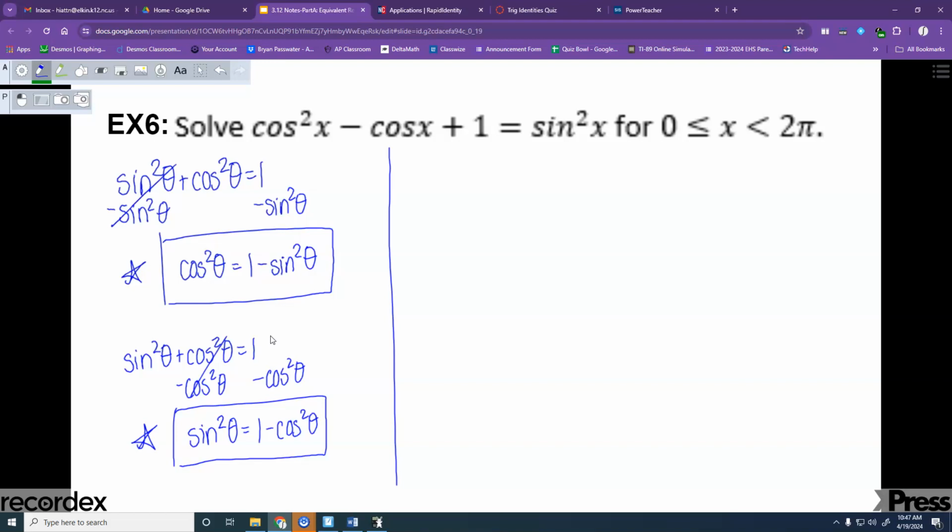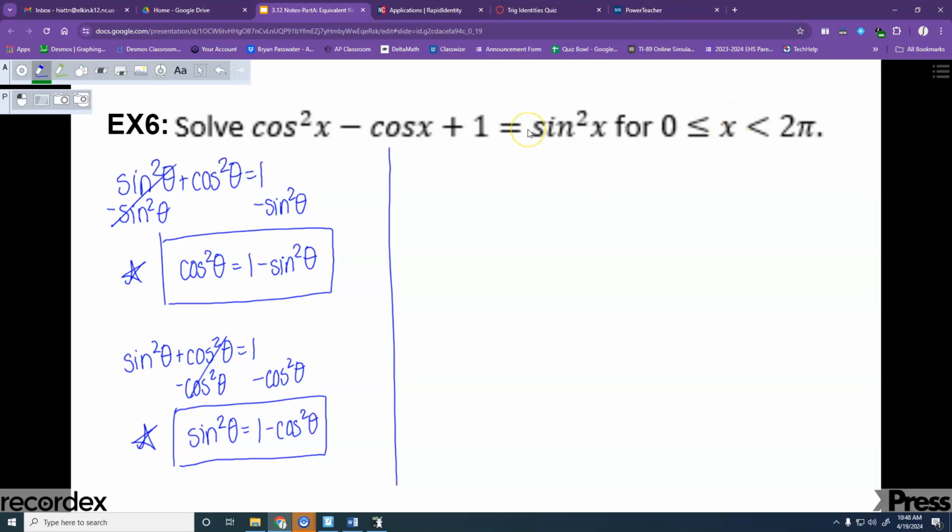In this case, if it was all sines or all cosines, I could probably solve the equation. Which one should I try to switch to, sines or cosines? I need to do cosines. Why? Not just because there's more.